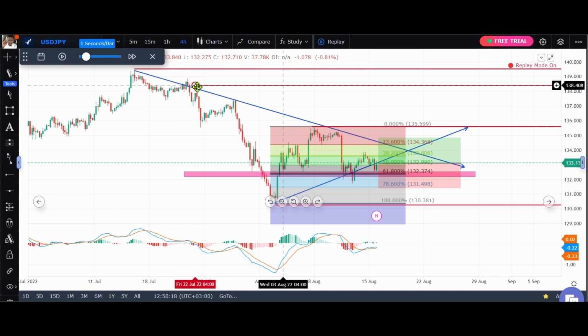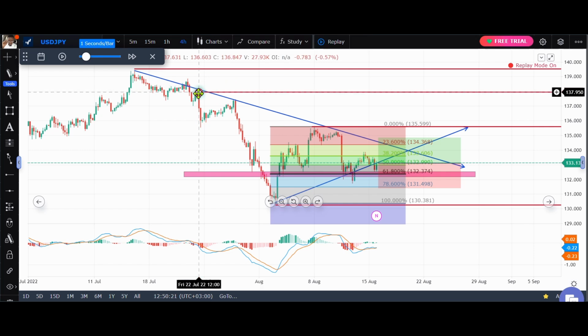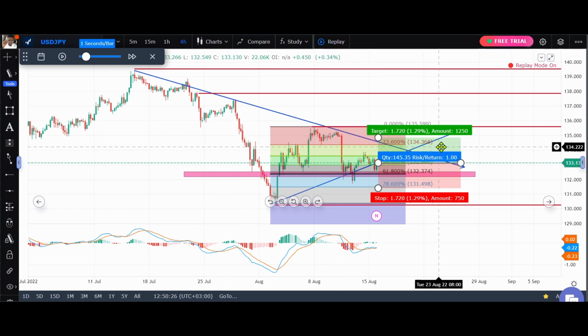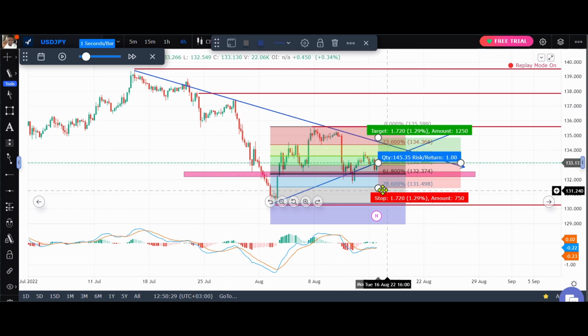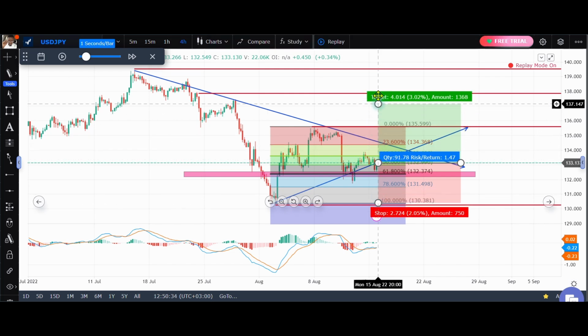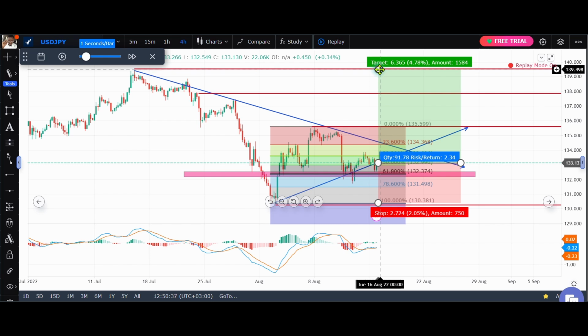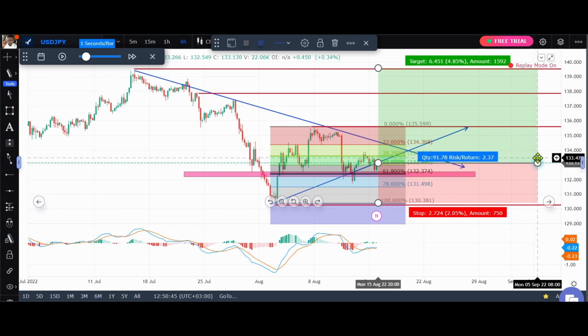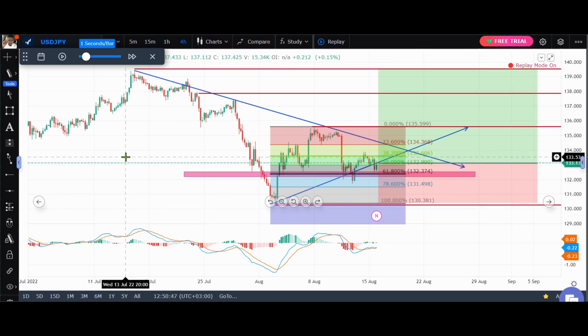No, let's lower this here. This should be our second take profit. Let's set this trade and see what happens. That is the stop loss, and this will be our take profit. Nice. Now let's see how this plays out.